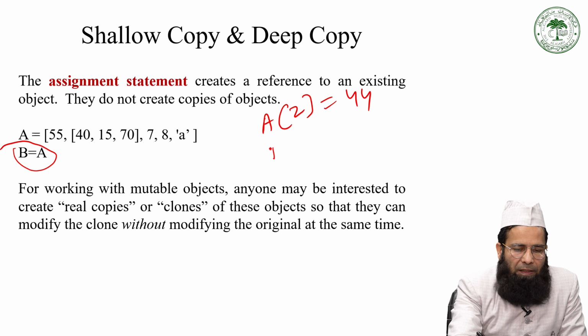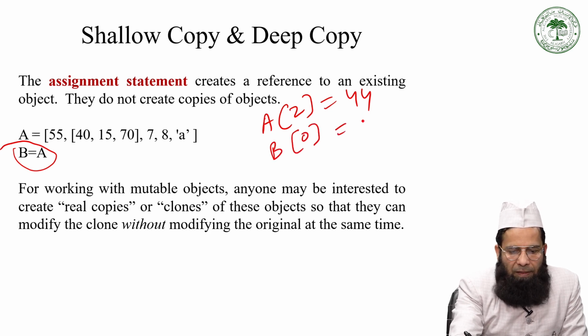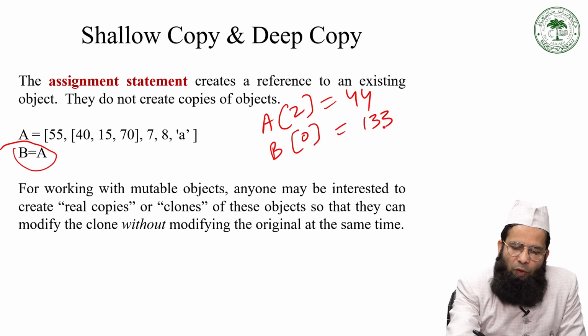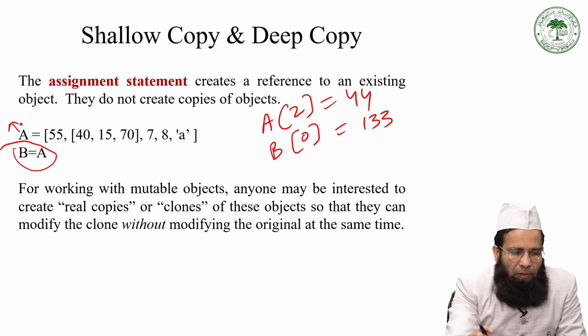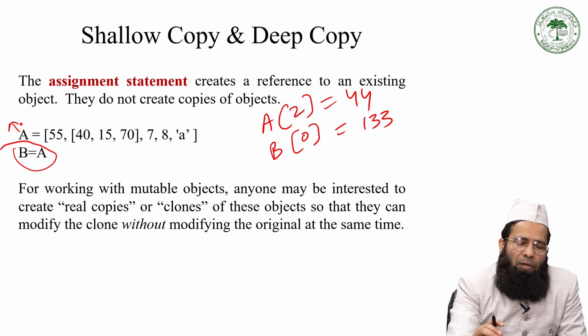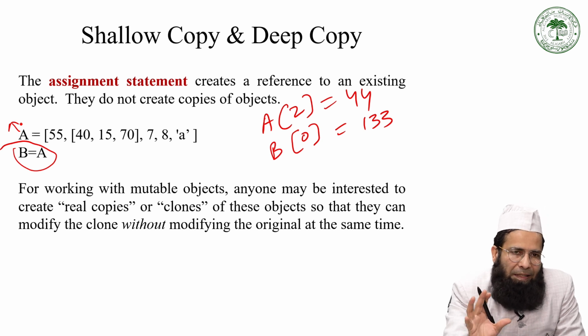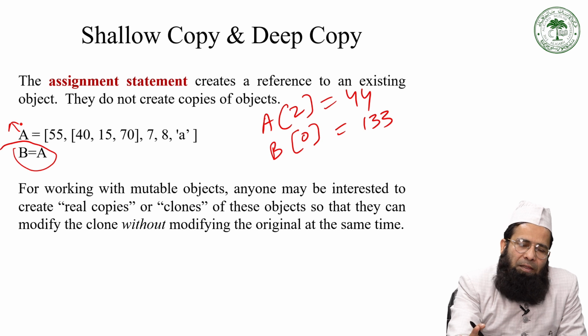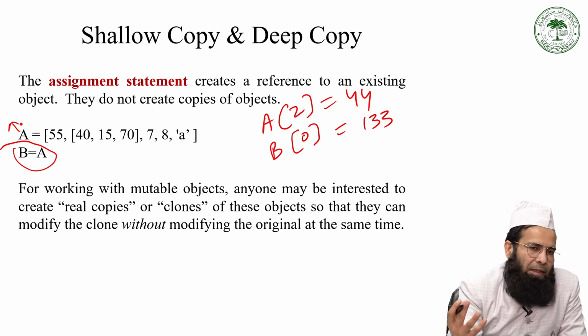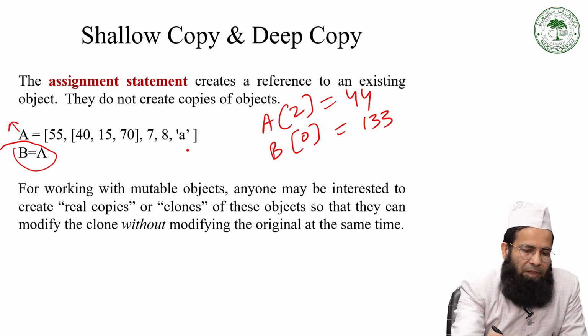If I write B[0] as 133, this would be reflected in A as well, right? So this is the problem with the assignment operator. It actually creates a reference. So whatever is updated in any list would be reflected in the other list as well, like in this case that we have seen.